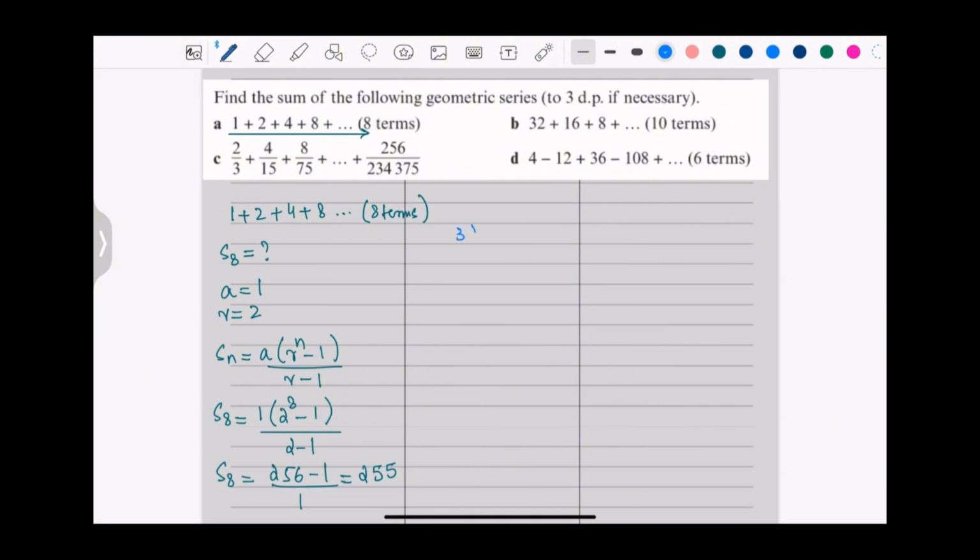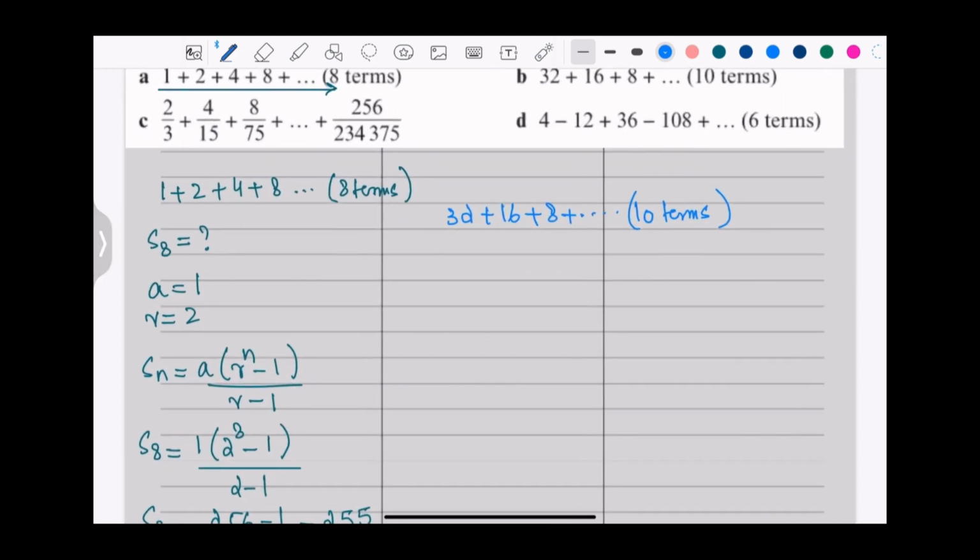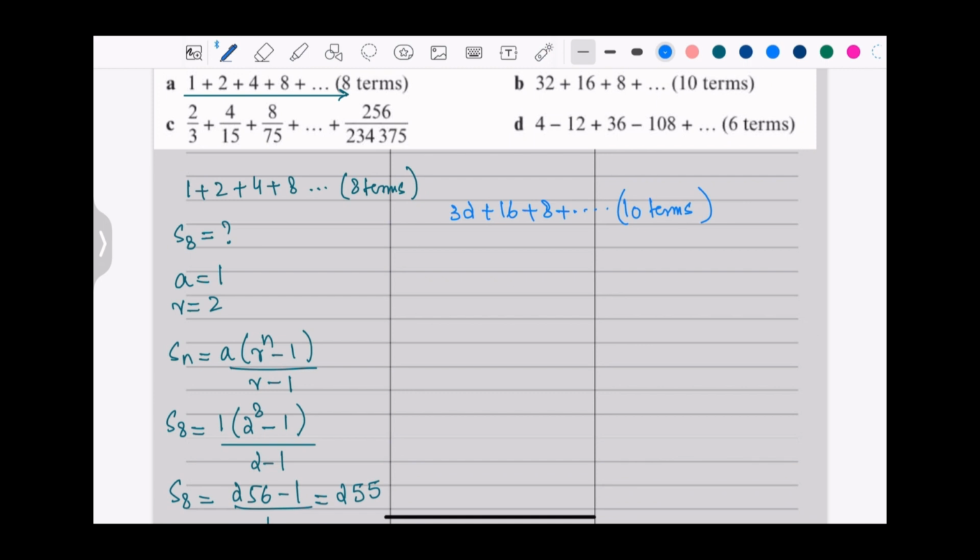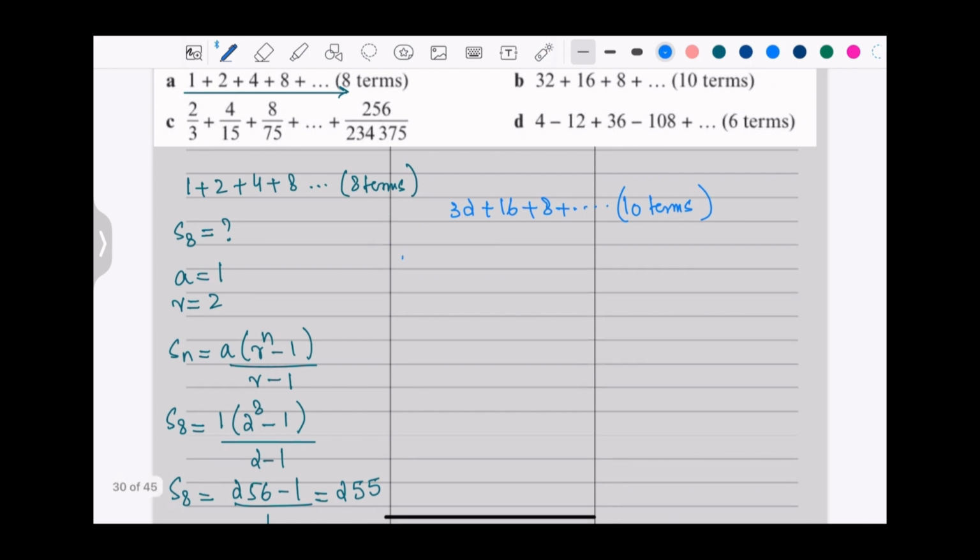Let's look at another example here. 32 plus 16 plus 8 and so on, up till 10 terms. Now in this, as you could see, a is equal to 32, and the ratio is 16 over 32, which is going to be 1 over 2, less than 1.